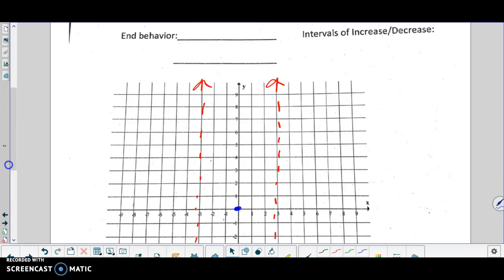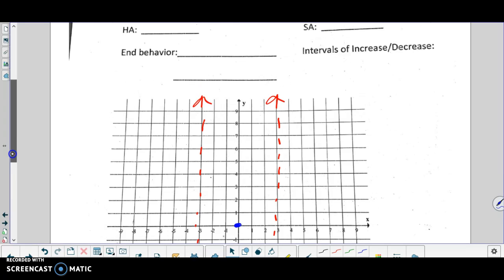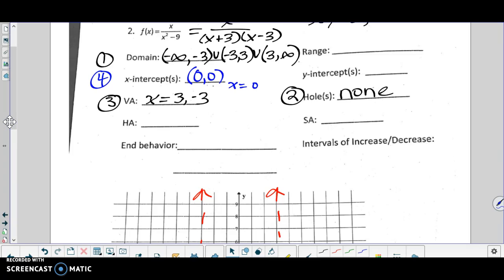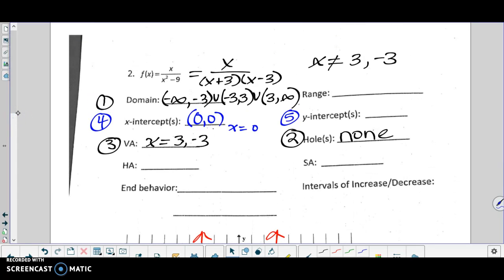All right, next one is your y-intercept. So plug in 0 for x. I could do it on either one, really, right? So 0 over 0 plus 3 times 0 minus 3. It's going to be 0 divided by something, which is again 0.